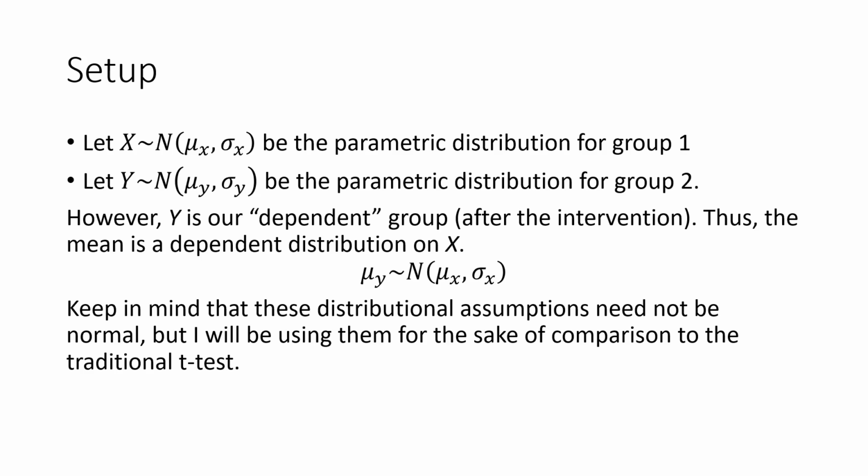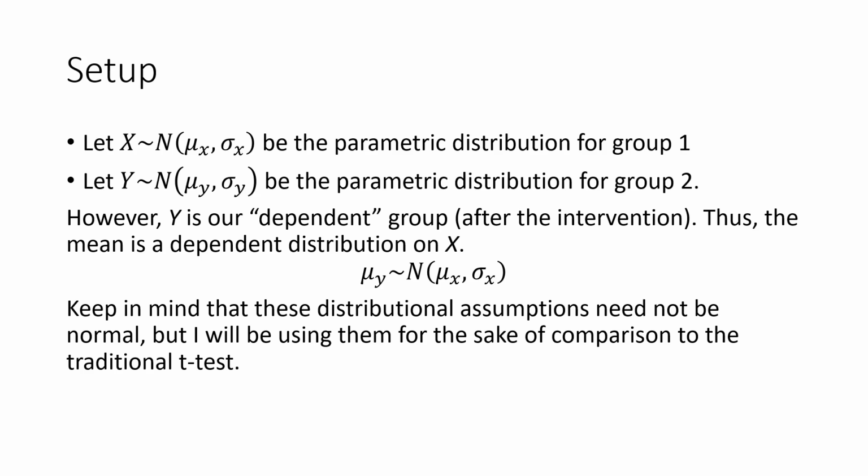However, since this is a dependent design, y is our dependent group, and the dependency here is that the location parameter mu y is actually dependent on the distribution of x. So mu y has another normal distribution with mu x and sigma x, because our distribution y is completely determined by x.